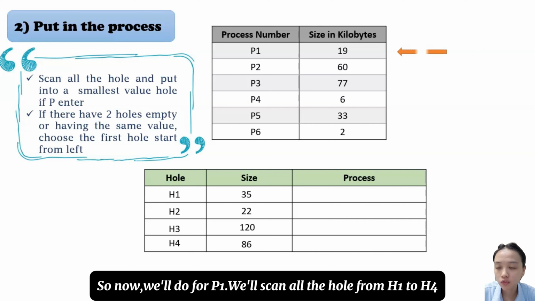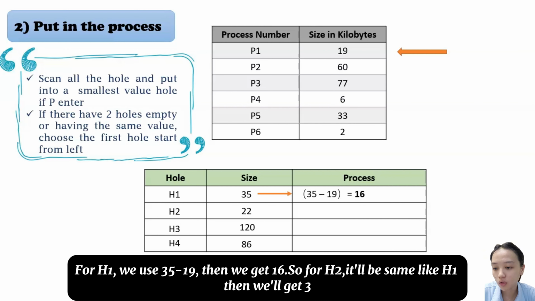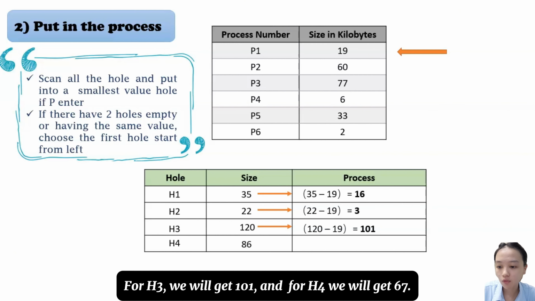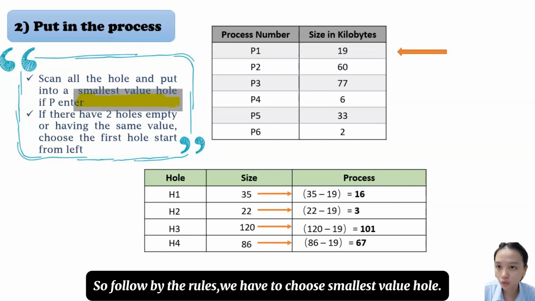So now we will do P1. We will scan all the holes from H1 to H4. For H1, we use 35 minus 19, then we get 16. For H2, it will be the same as H1, then we will get 3. For H3, we will get 101. And for H4, we will get 67. So following the rules, we have to choose the smaller value hole.